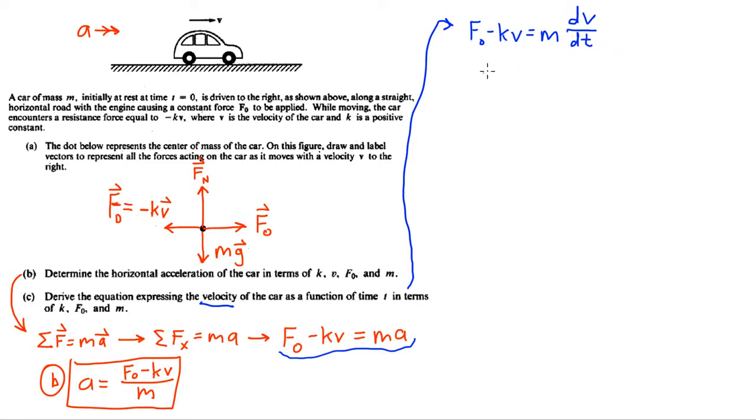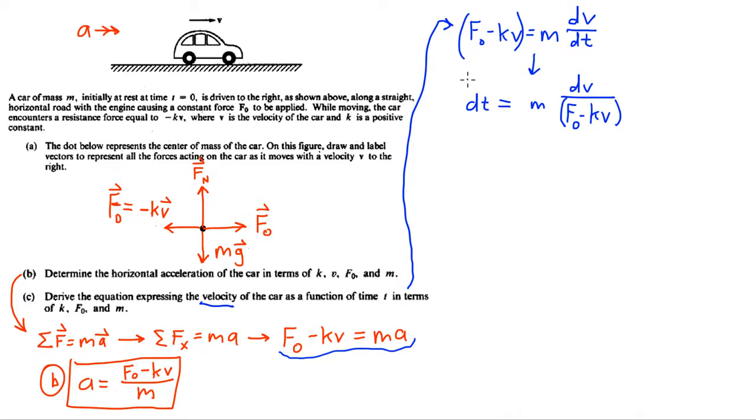We want to bring the dt over here, and to get this v onto this side, we have to take this whole left-hand side and put it underneath the dv. So quite literally, you're going to have dt equals m times dv over F naught minus kv.